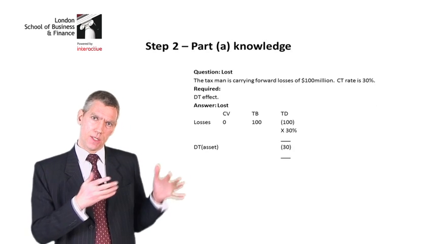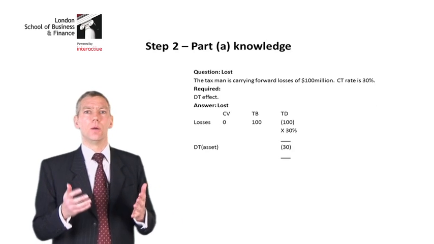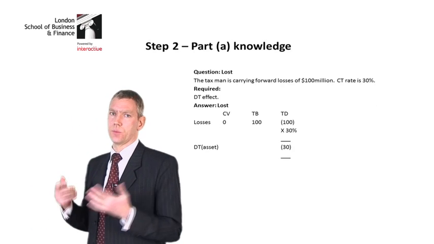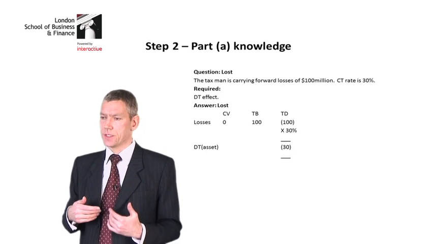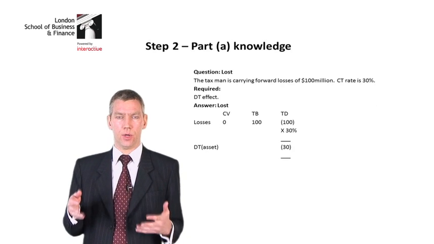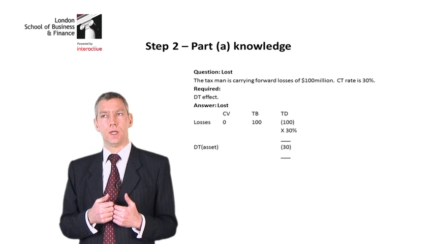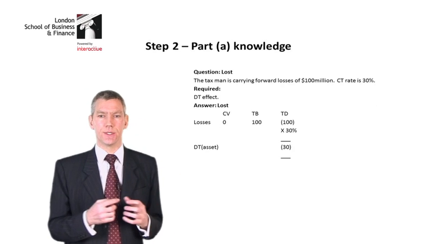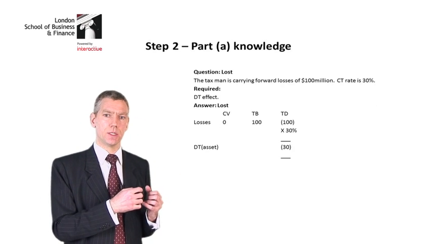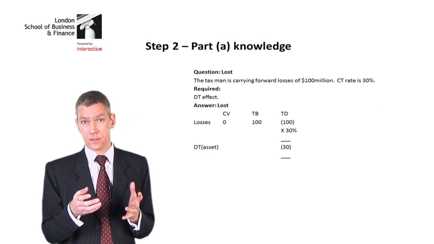Making the losses in the first place, that was obviously a bad thing. But when the tax accountant carries forward losses, those losses will be set off against future profits, and they will reduce the amount of tax that's paid. So it's a tricky thing, this, but what the tax accountant does is carry forward the losses as if they were an asset.